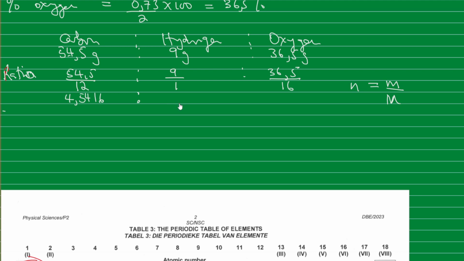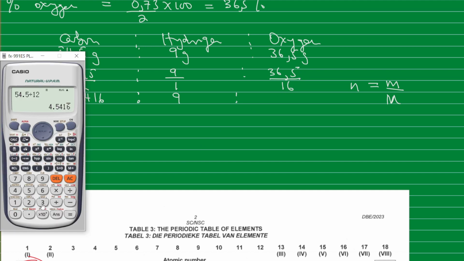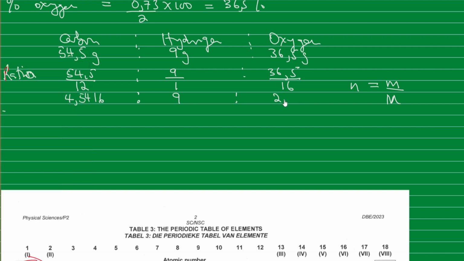And then 9 over 1, that is 9. So we've got 9 here, and 36.5 over 16. Let's divide again. 36.5 divided by 16 will be 2.28125. So that's what we have.